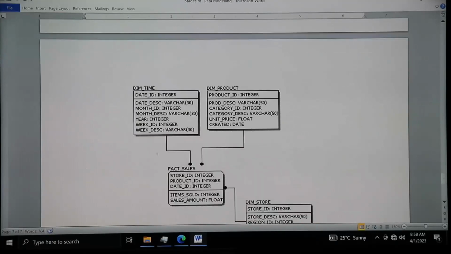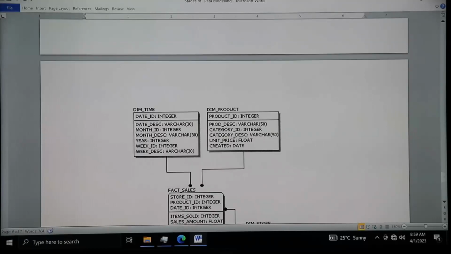Then inside those tables, we have what you call the columns. So we have a column representing the dates. And if you check very well, you realize that it has the date ID, plus the data type that will be invoked. This date will carry data in which manner? In the form of integers. If it is the date description, in the form of varchar, that is a combination of numbers and text.